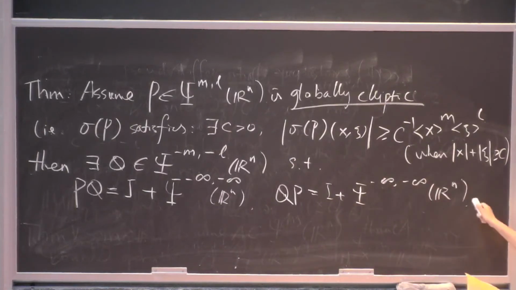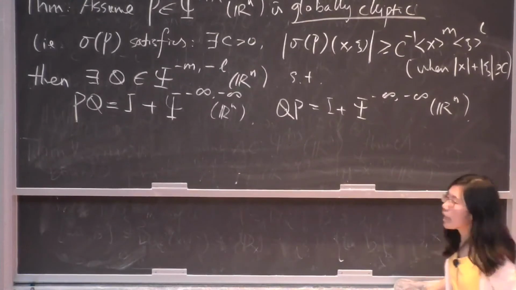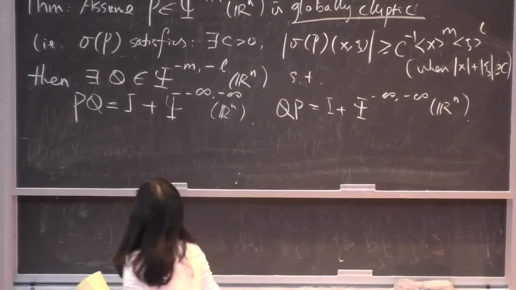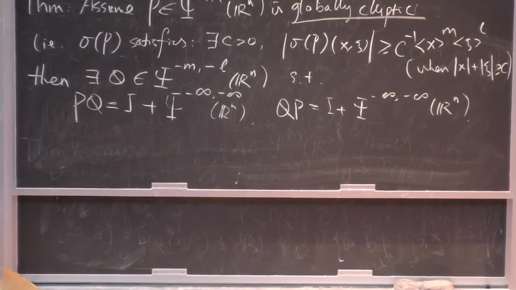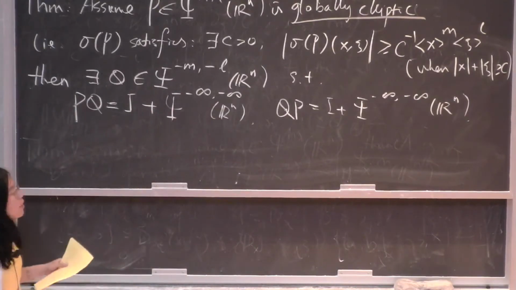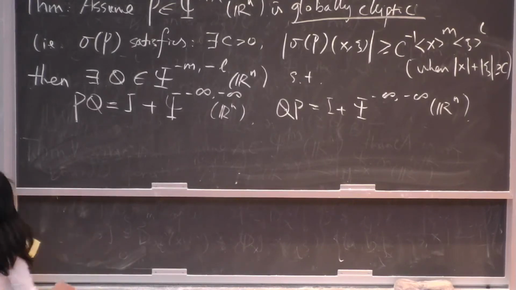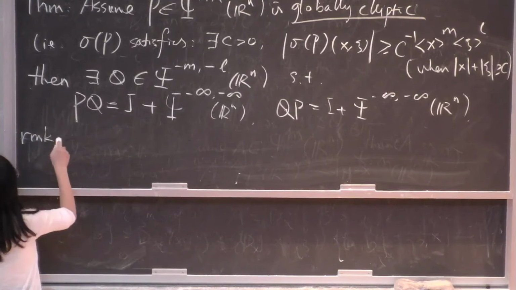Okay, so that's the theorem. Essentially this is saying that if it's an elliptic operator, then I can invert it. But I cannot quite invert it, there's a residual term there. Okay, so before I talk about the proof, let me make two remarks.